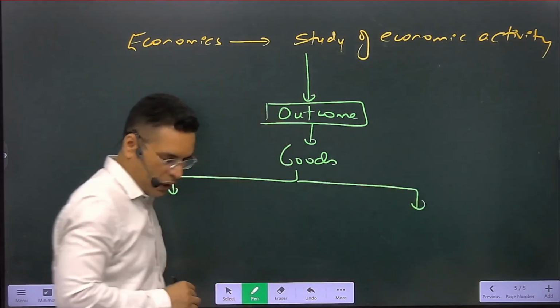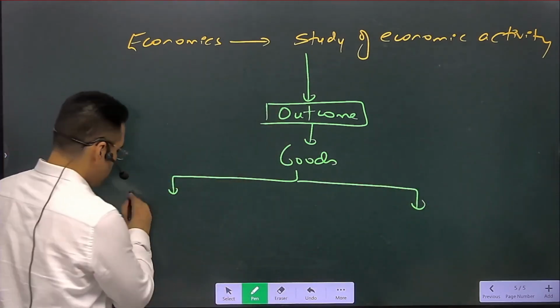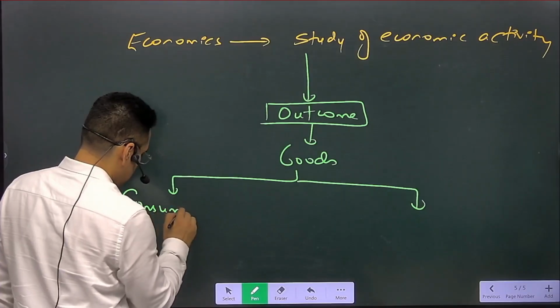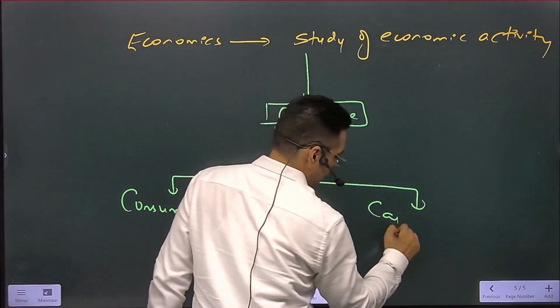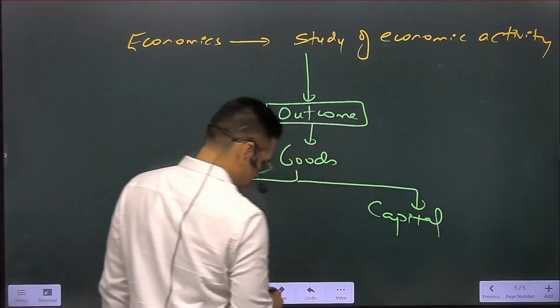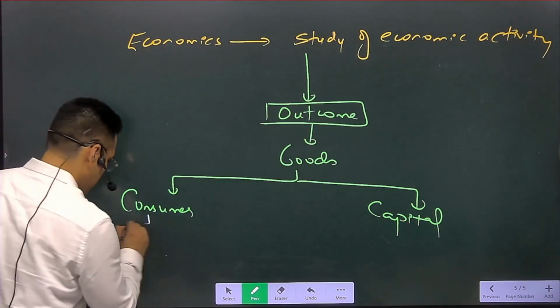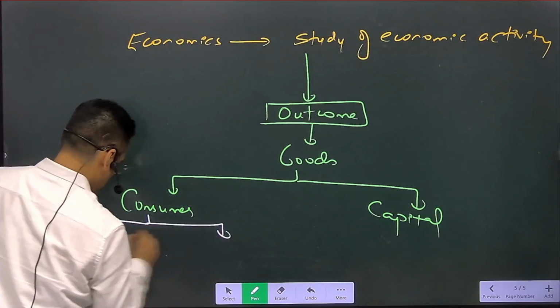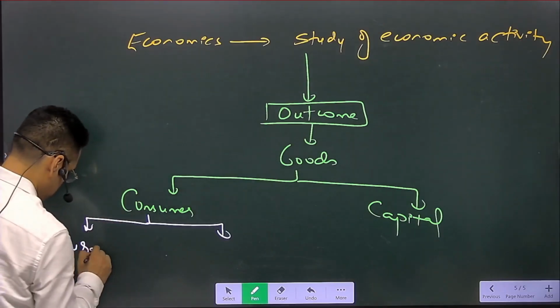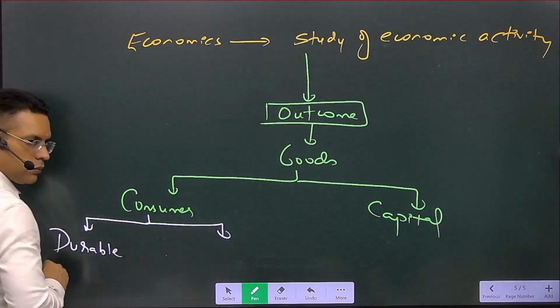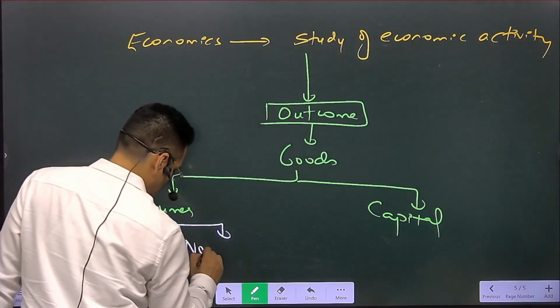broadly we have two kind of goods. The consumer goods and we have the capital goods. ठीक है? तो consumer goods can again be of two types. The durable goods, okay, and non-durable goods.